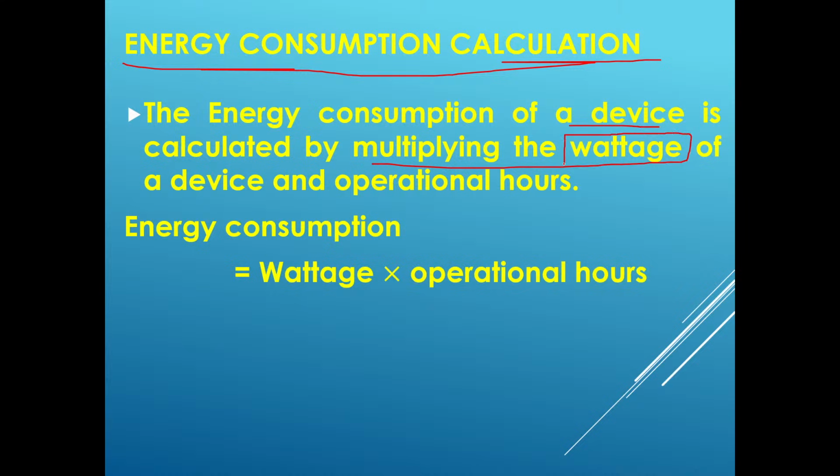Just now I told you, when we buy an electrical device, its wattage will be mentioned on the device. So energy consumption of a device is calculated by multiplying the wattage of the device and operational hours. To make it more simple, I have written it in terms of an equation here.